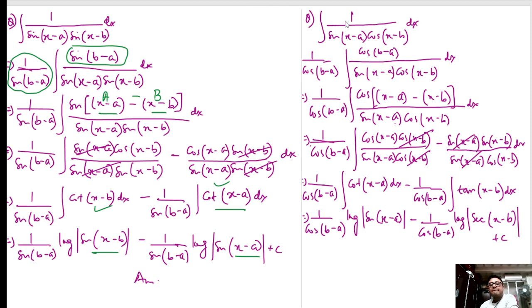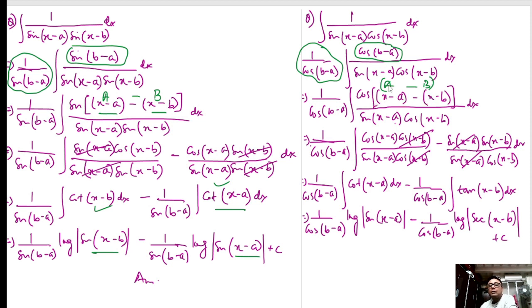Similarly, integration of this. So see what we are doing. We are adjusting with cos b minus a up and down. Now b minus a can be written in this form.